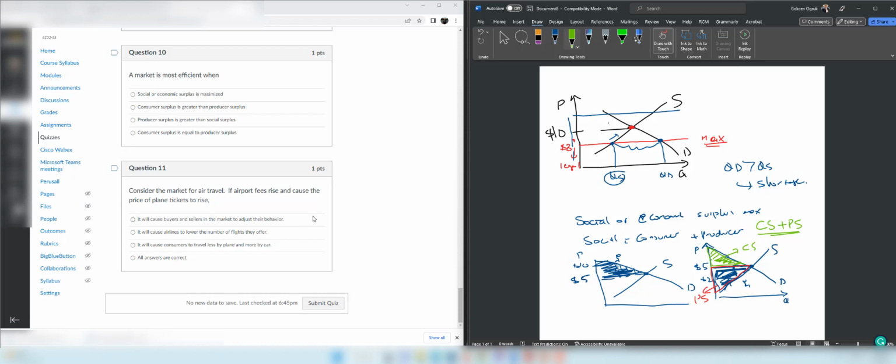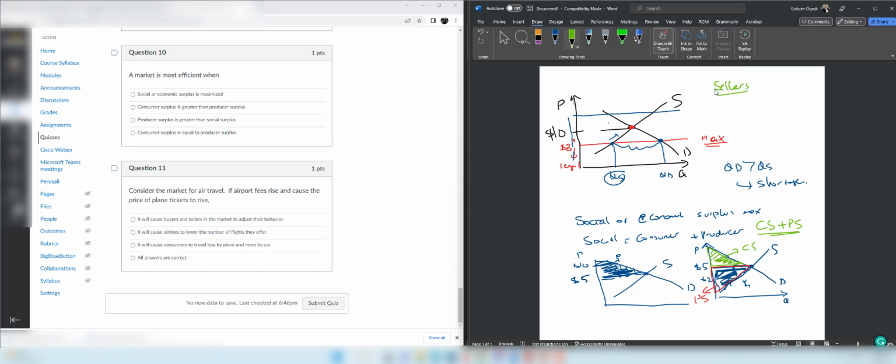Question 11. Consider the market for air travel. If airport fees rise and cause the price of plane tickets to rise, so airport fees are paid by sellers of the ticket, right? Remember, when we talk about buyers, airport fees don't concern us.